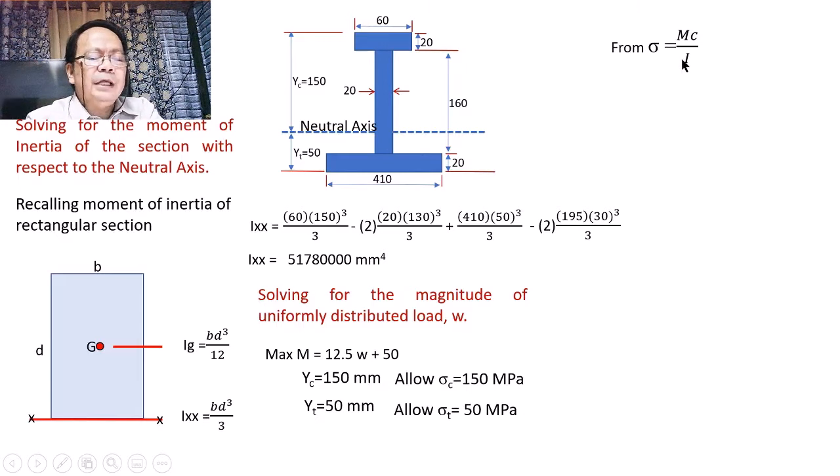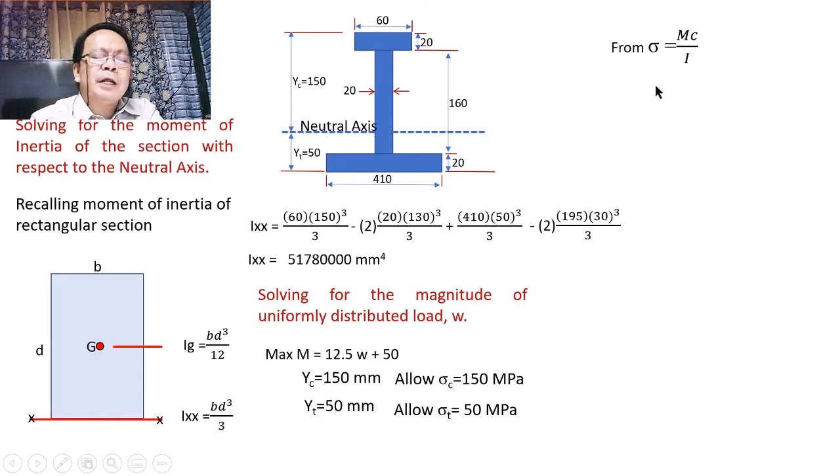Take note that this value is already computed here. Itong c na ito ay depende kung anong gagamitin nating allowable stress. So if we are going to compute for the allowable stress of 150 megapascal, then this c will be equal to y sub c. And the moment will be the same as 12.5 W plus 50.